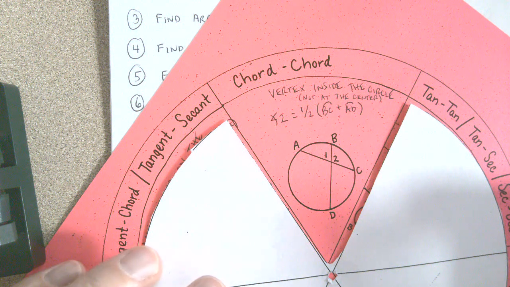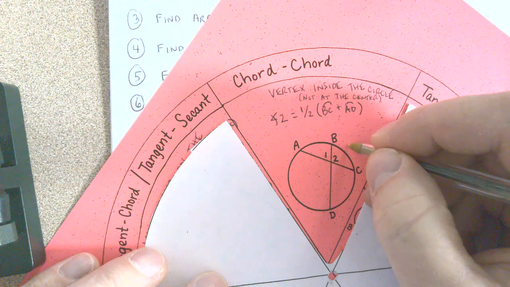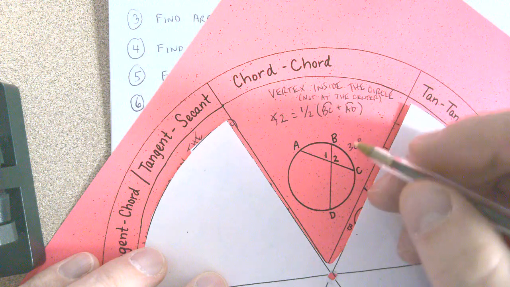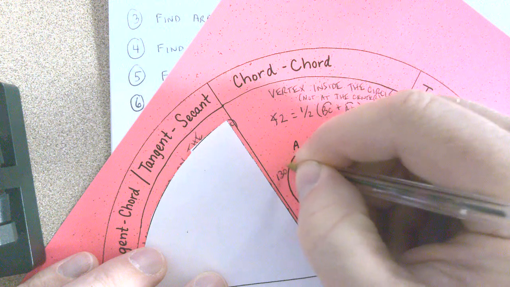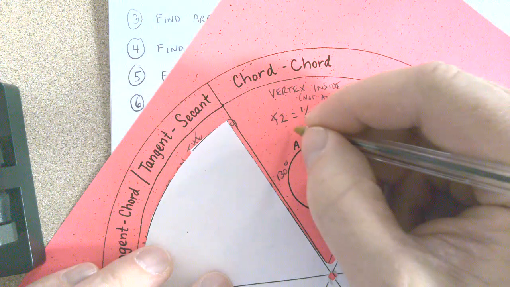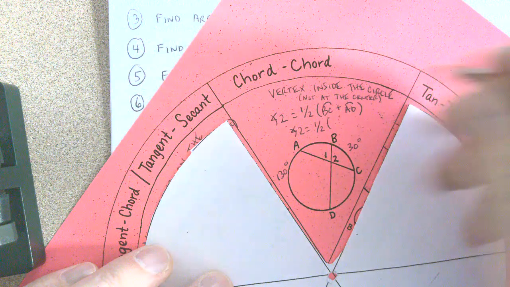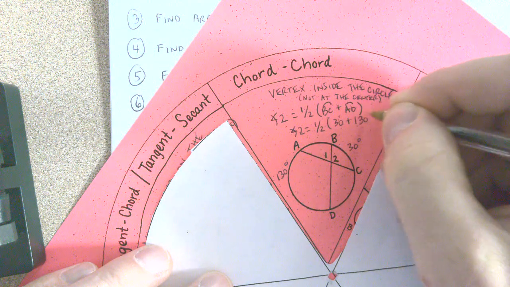So if I told you in this picture that BC is 30 degrees, arc BC, and arc AD is 130 degrees, to find the angle measure for angle 2, we're going to say 1/2 of 30 plus 130.